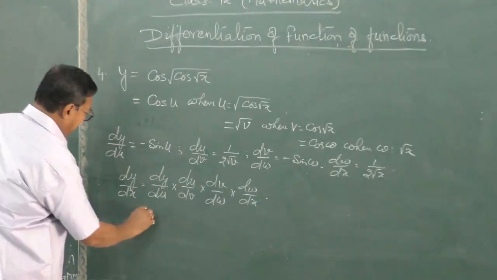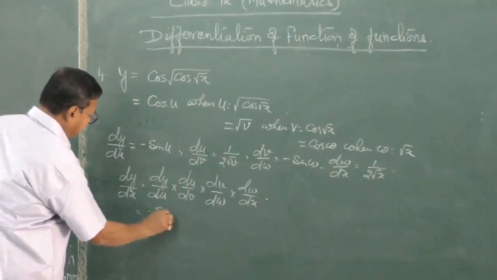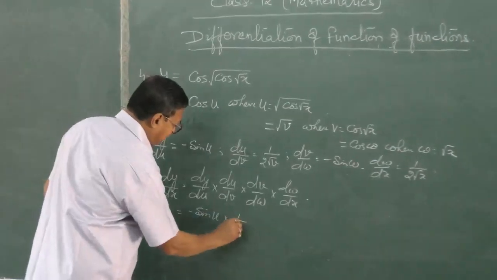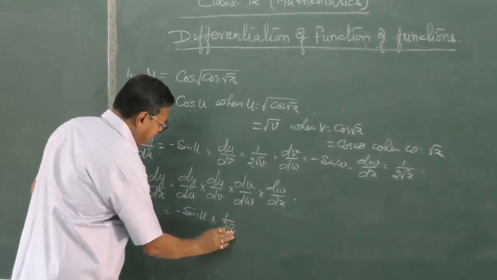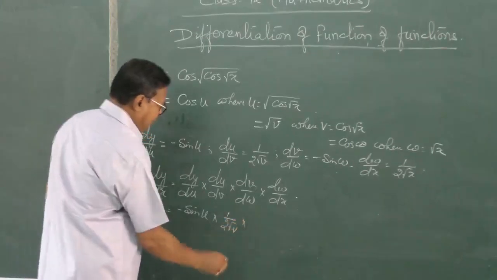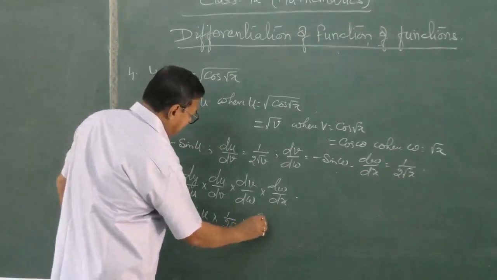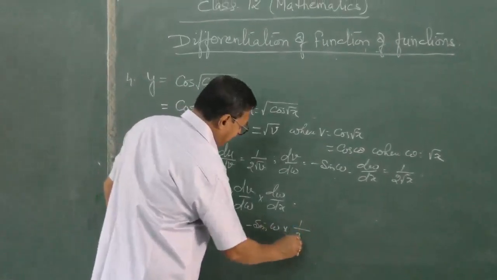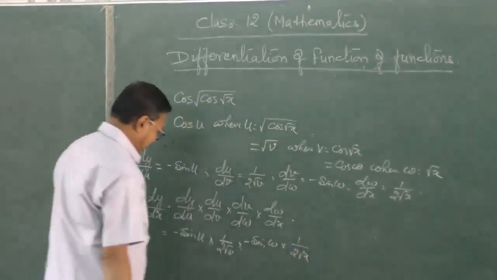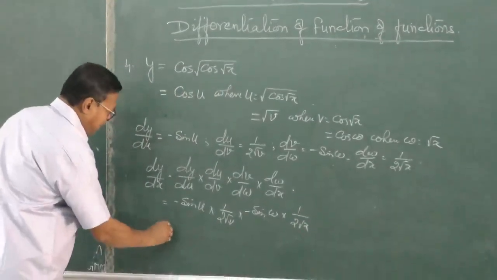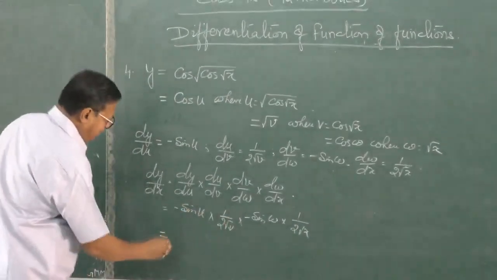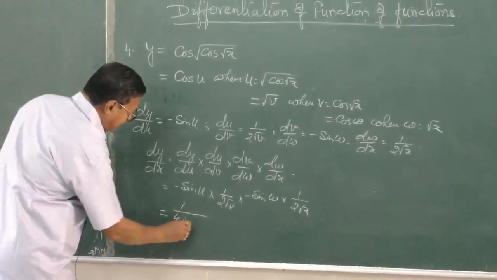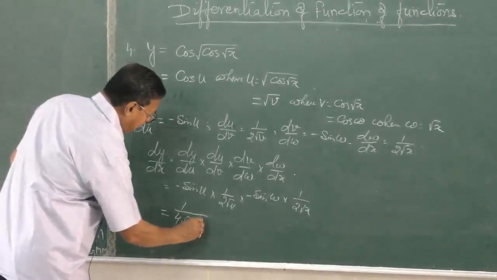Dy by du is minus sine u, du by dv is 1 by 2 root v, dv by dw is minus sine w, and dw by dx is 1 by 2 root x. So get the answer. This minus minus plus 1 by 4 root over x into root over v.